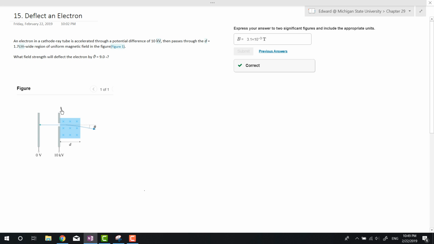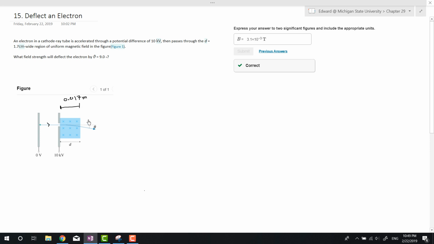We're given a distance of 1.7, and let's convert that to meters so our units are consistent. So that'll just be 0.017 meters. And if you guys don't really understand the problem, which I didn't to begin with, this is the electron right here, traveling through this cathode ray tube, giving it some velocity, and then it enters this magnetic field of this distance.